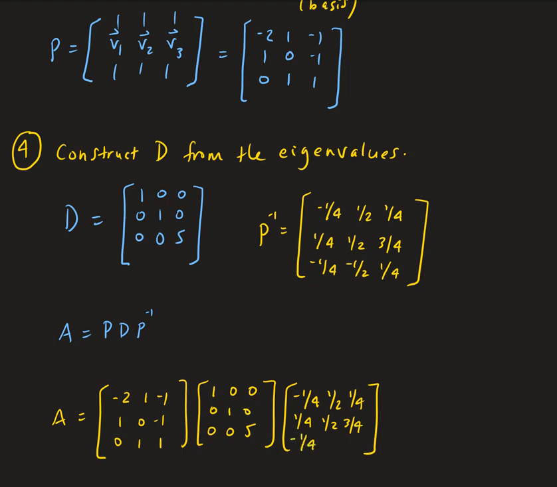If you multiply all those out, you get back the matrix A that we started out with. This is a really nice factorization technique. We can also use this to solve systems, but we won't be looking into that.